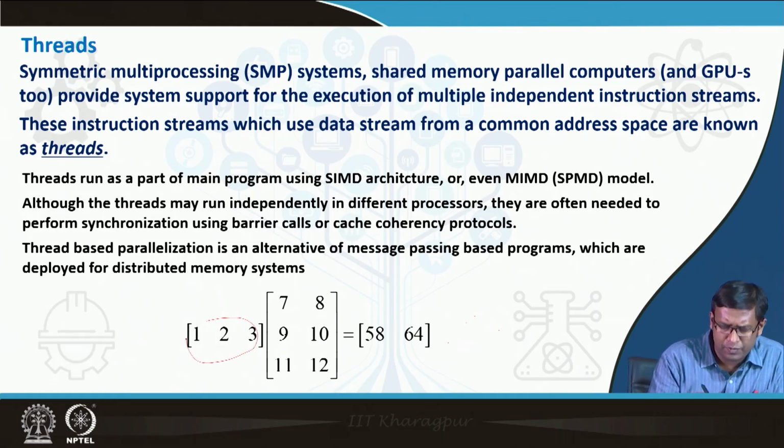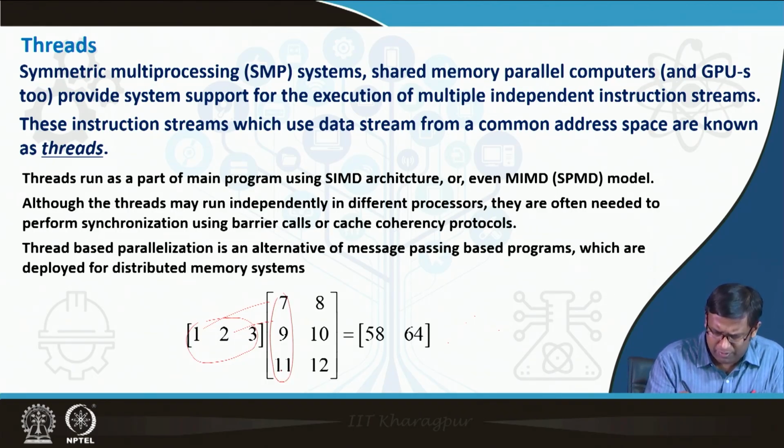This row is being multiplied with this column. The first element of the row is multiplied by the first row of the column. The second column of this row is multiplied by the second row of the column. The third column of the row is multiplied by the third row of the column, and this is summed up: 1 into 7 is 7, 2 into 9 is 18, 7 plus 18 is 25, plus 33 is 58.